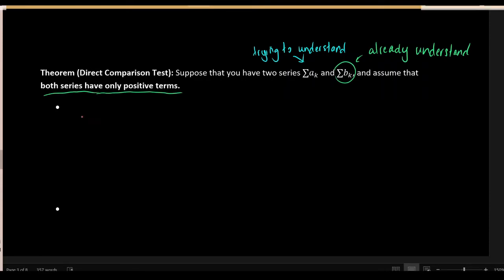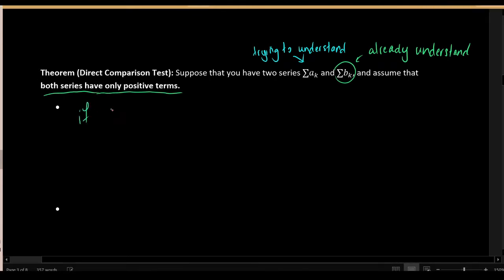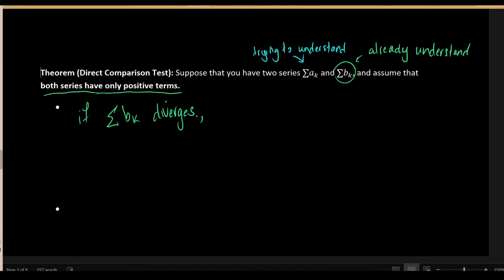Scenario 1, suppose that the series that you're using for comparison, the one that you already understand, you already know that this series diverges. Suppose that you also know that this series is consistently smaller than the series that you are trying to understand.